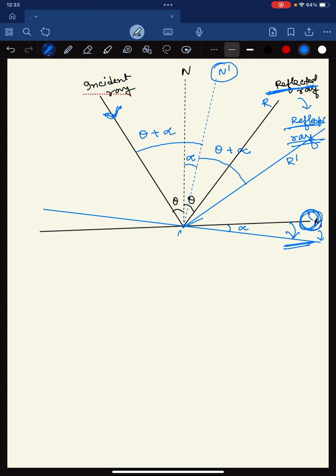Let me call the center O. So what we have to find is angle R O R dash. See guys, what will be R O R dash? It will be nothing but angle n dash O R dash minus angle n dash O R. Simply the large angle n dash O R dash minus this angle n dash O R will be simply R O R dash. That is what we have to find.